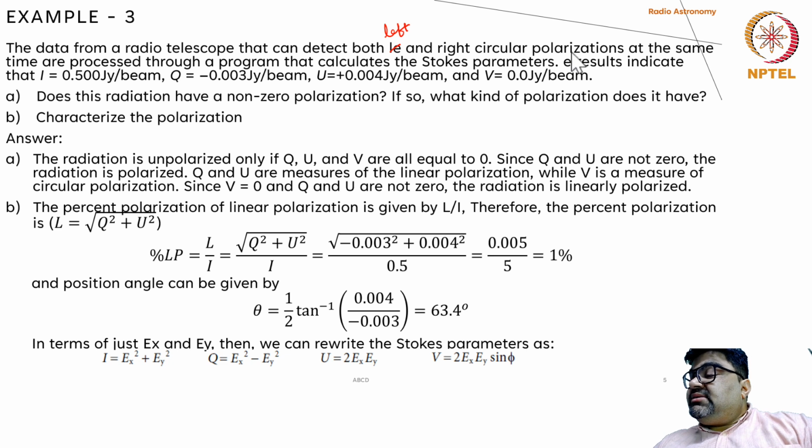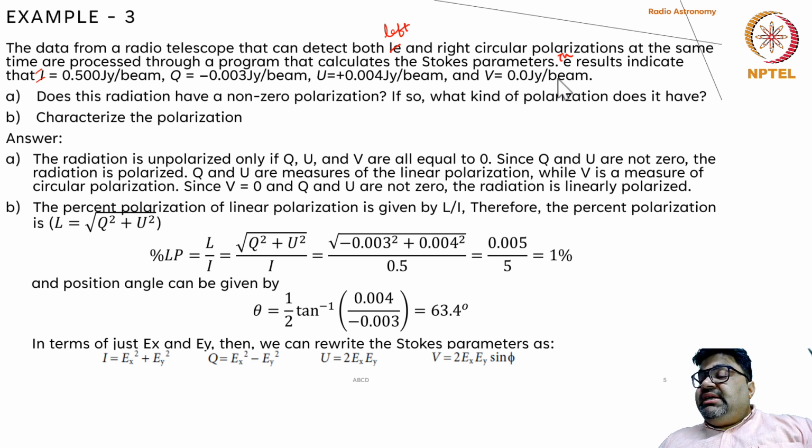The results indicate that I, the Stokes I parameter, is 0.5 Jansky per beam, Q is 3 millijansky per beam, U is 4 millijansky per beam, and V is 0. Does this radiation have a non-zero polarization? If so, what kind of polarization does it have? Characterize the polarization.